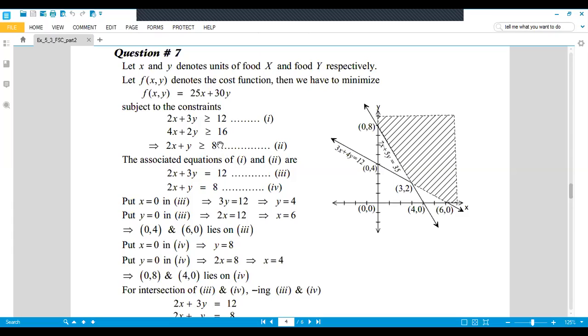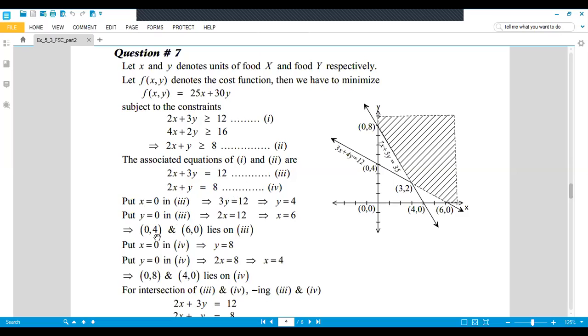We get 2 inequalities. Now the associated equations of 1 and 2 are 2x + 3y = 12 and 2x + y = 8. In the same way, we put x = 0 in equation number 3, so 3y = 12, so y = 4. When we put y = 0 in equation number 3, so 2x = 12, so x = 6.